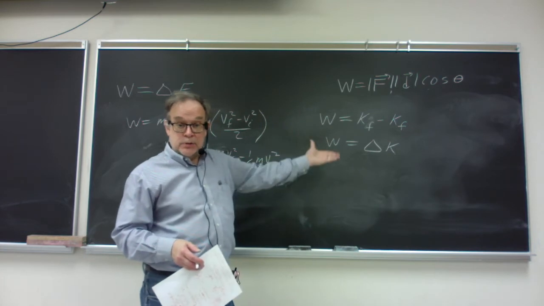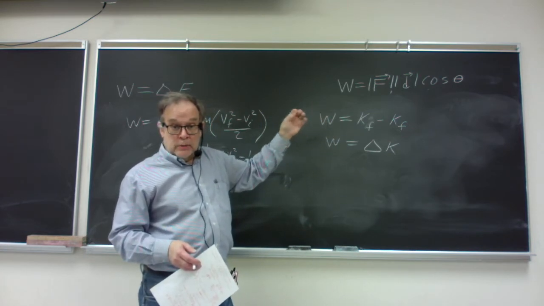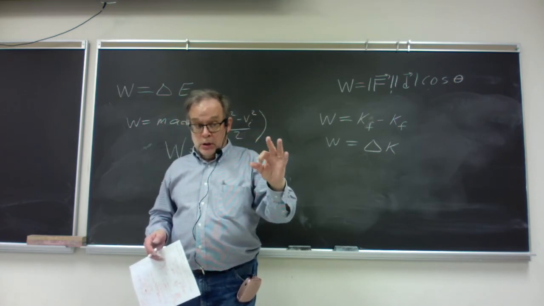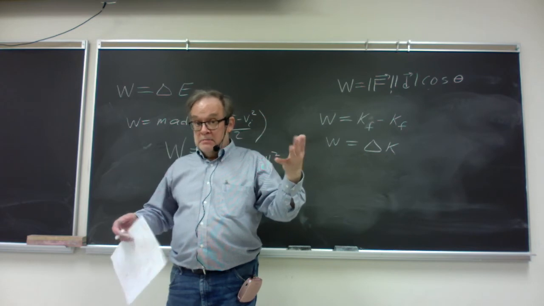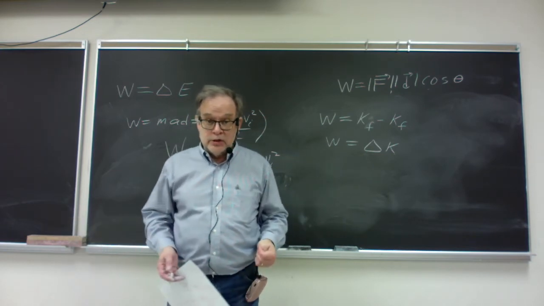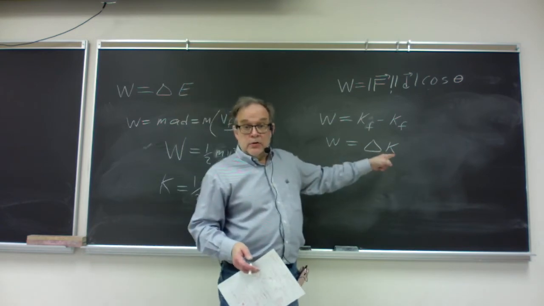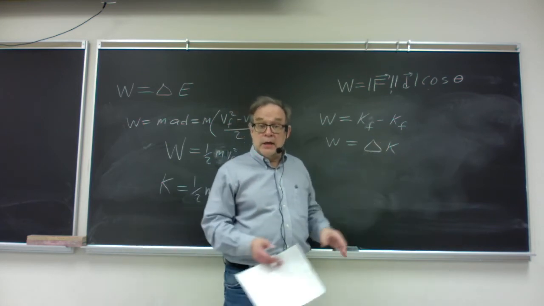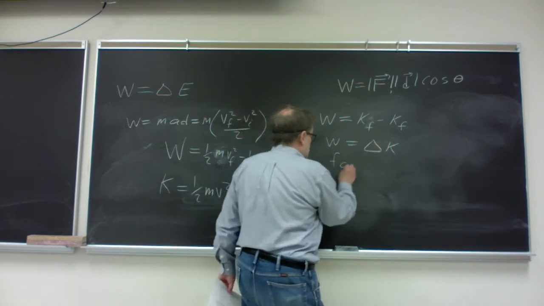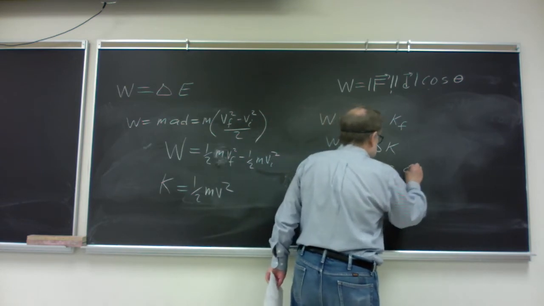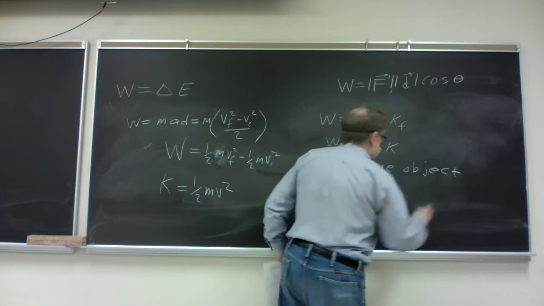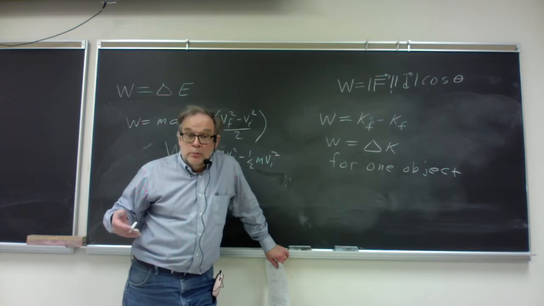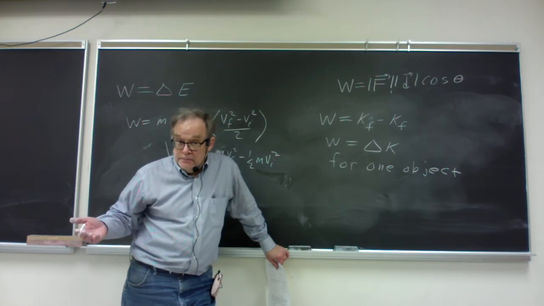So in this particular case, where we're talking about the net work done on just one object, think of it as a system containing just one object. The energy change of that one object system is just a change in its kinetic energy. When we get systems that contain larger numbers of objects, more than just one, there'll be more than just one type of energy.